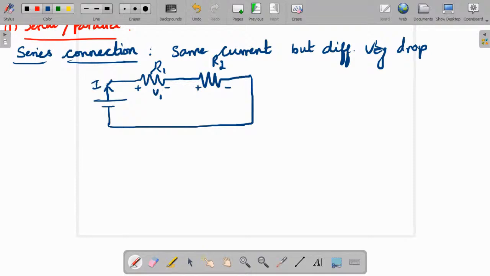So here it is V1 and V2 and this is V, right? Let these two be the source ends A and B. What is R equivalent as seen from the source? So for R equivalent, first let us write the loop equation.